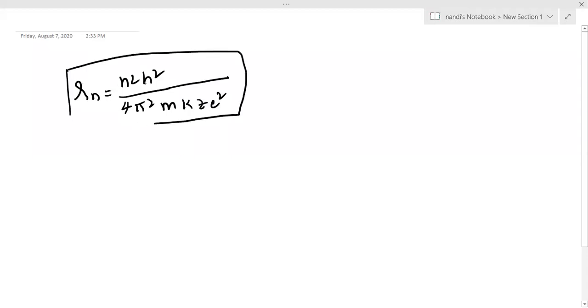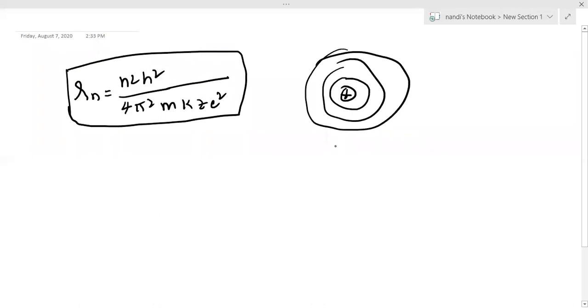Nth orbit means the electron can take any orbit, there are too many orbits: n equal to 1, 2, 3, 4 and so on. You can write n equal to orbit or shell number.